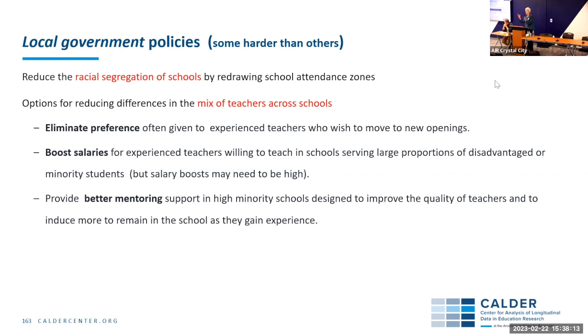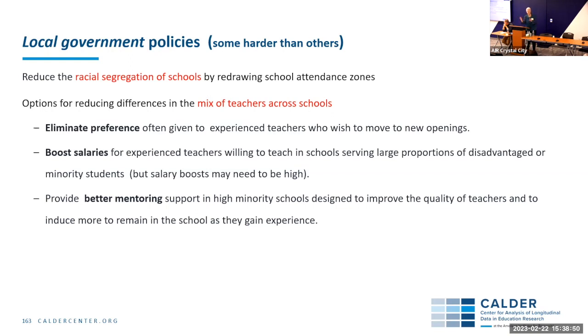So if you can't reduce the racial segregation across schools, is there anything you can do to reduce the differences in the quality of teachers across the schools in your district? I've listed out some here, but I want to turn your attention to the last one, which says provide better mentoring support in high minority schools, schools serving large proportions of often low income Black and Hispanic students, designed to improve the quality of teachers and to induce them to stay in the school.